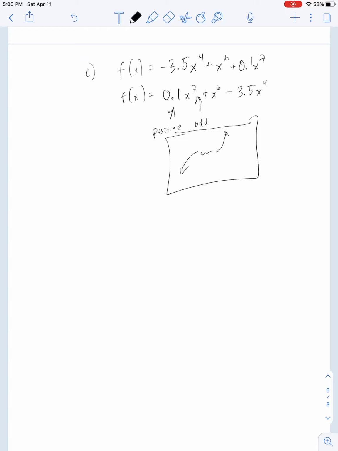Okay, but now what we want to do is take a look and let's talk about something, because we always use the term x-intercepts, but x-intercepts are also called zeros of an equation.